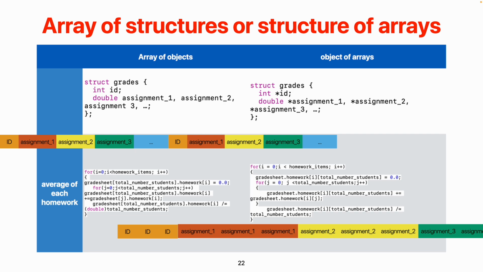Because basically what it does is allocate consecutive memory space for assignments from the same student. So here is your memory layout: a student ID, a few assignments, the next student's ID, and a few assignments, right?